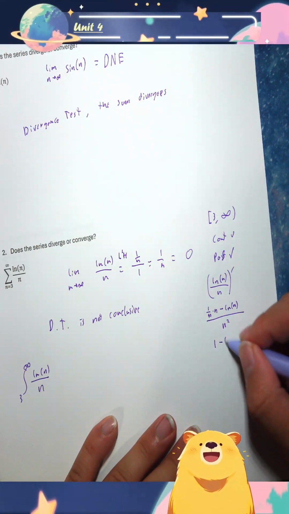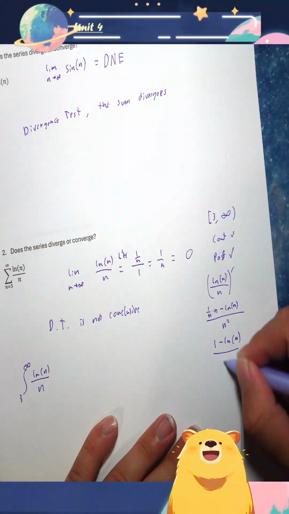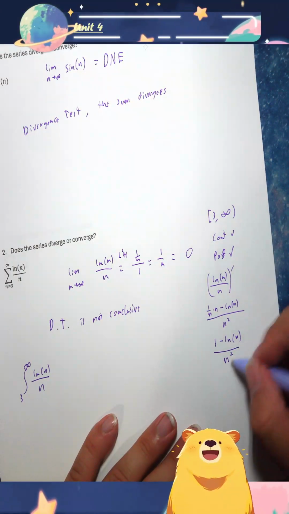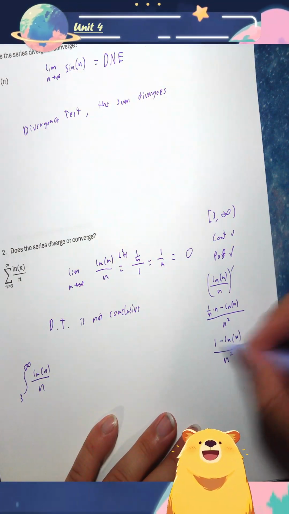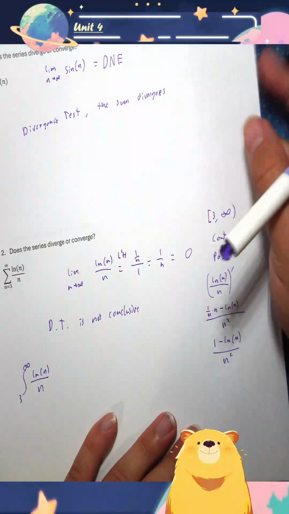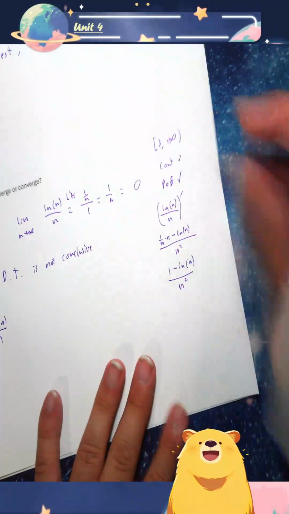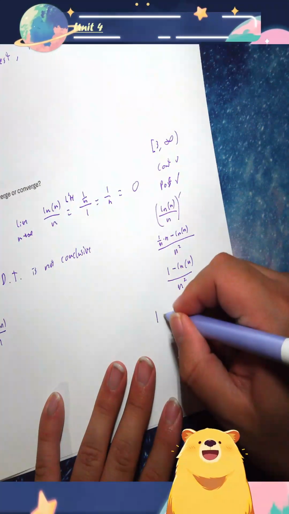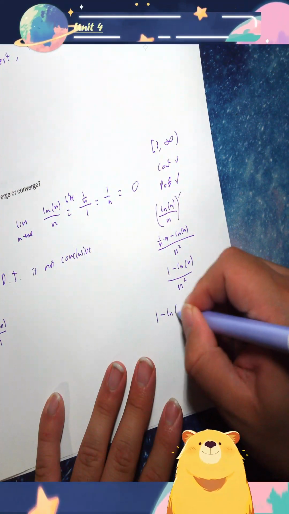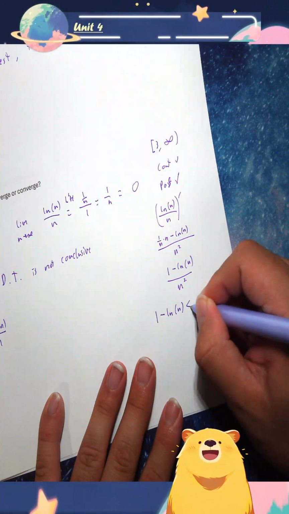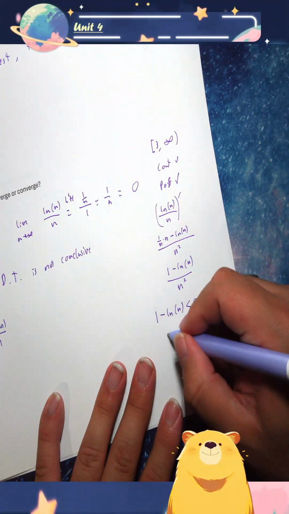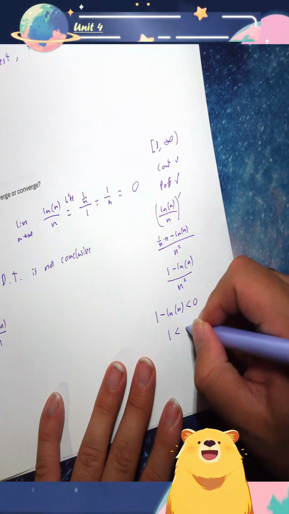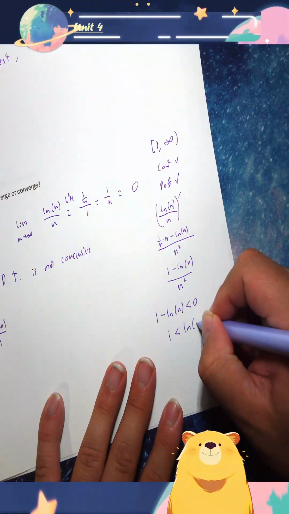So that becomes 1 minus ln of n over n squared. So we know the bottom will be positive, but this guy up top is going to be what determines if it's negative. And really, if it's negative, it's less than 0, but really we're saying 1 is less than ln of n.